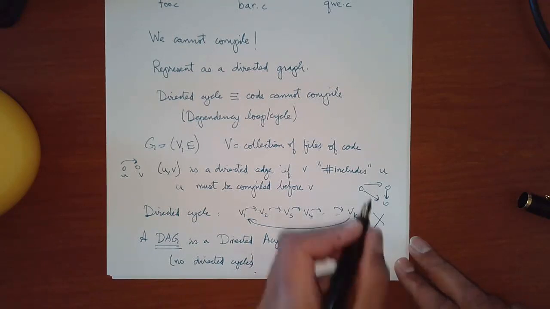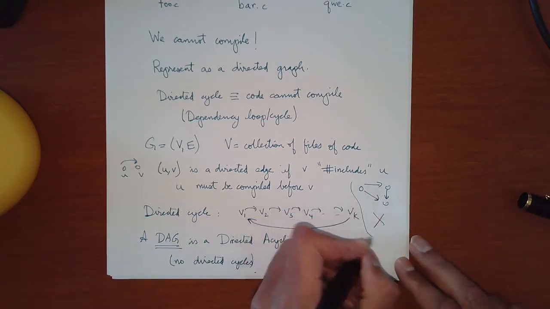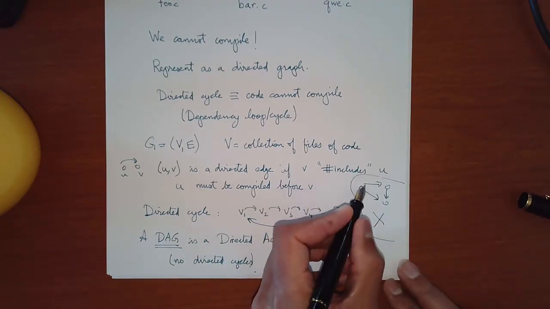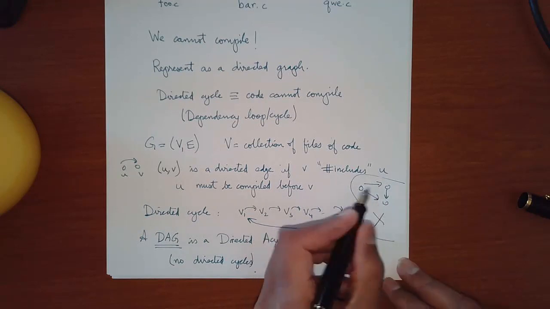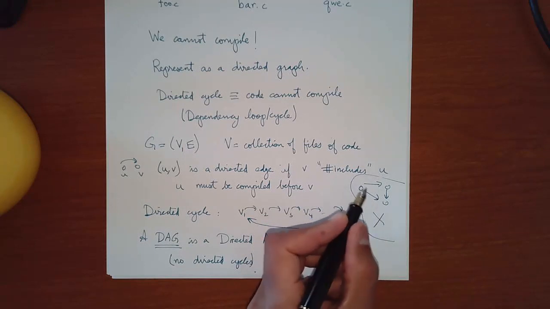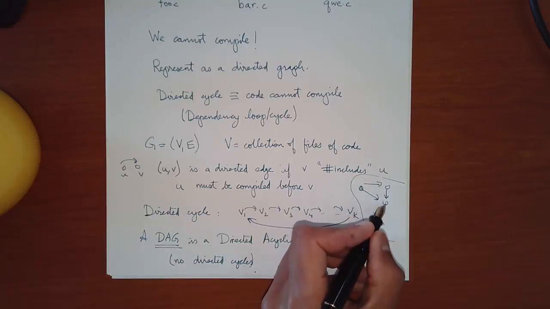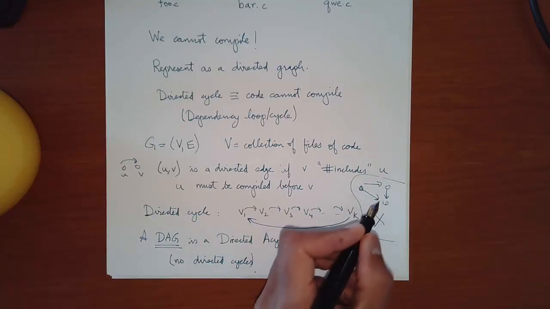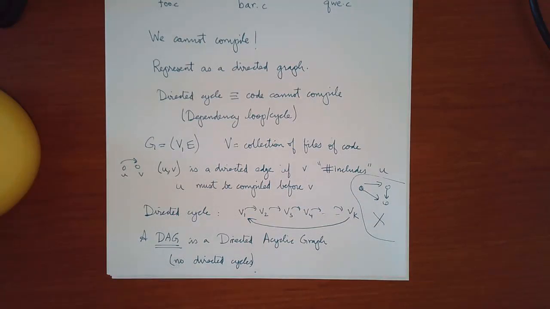This over here is not a directed cycle. It might look like a cycle in the undirected sense, but in the directed sense it is not, because you can go from this vertex to the next vertex, come down, but you cannot go back, because you have to follow the arrows. So a DAG is a directed acyclic graph, okay?